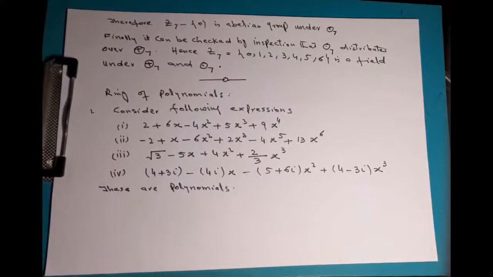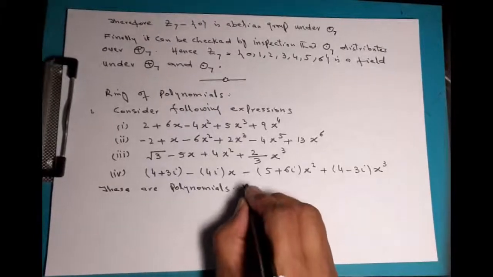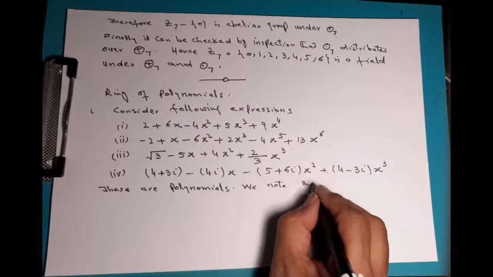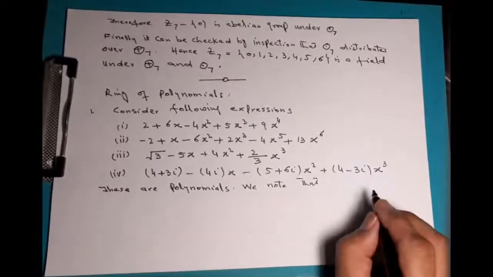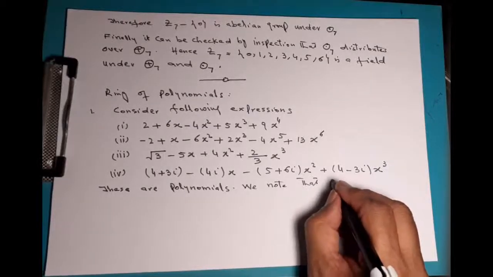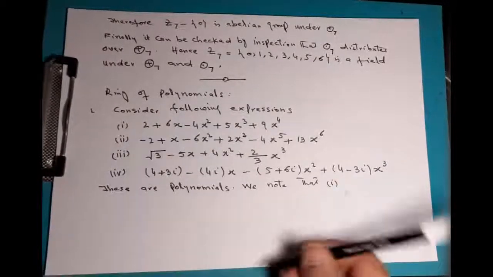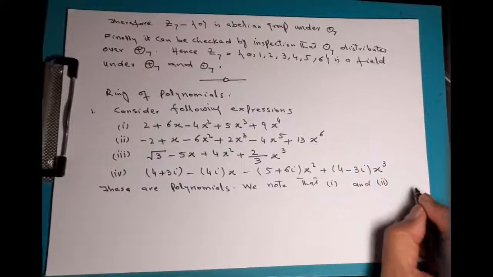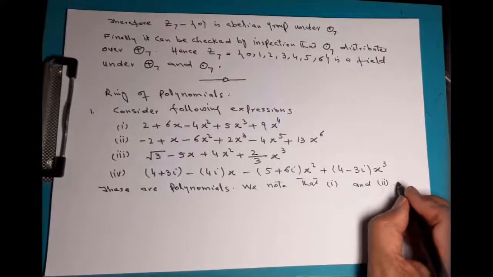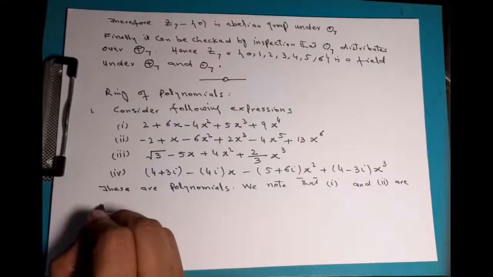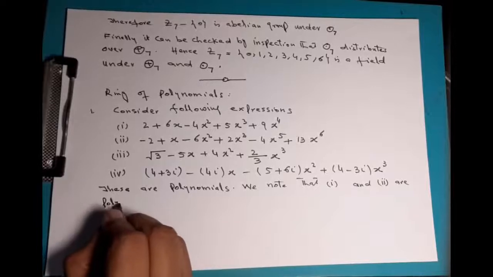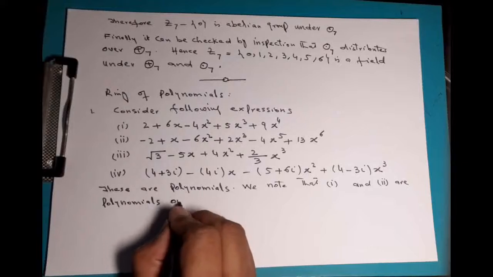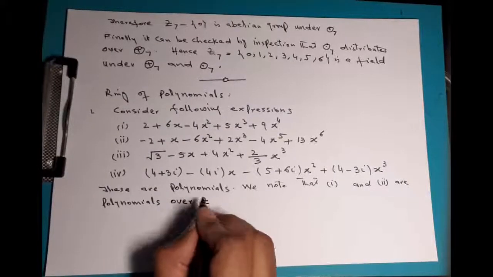So let's observe these things. We note that 1 and 2, these two are polynomials over Z, the ring of integers.